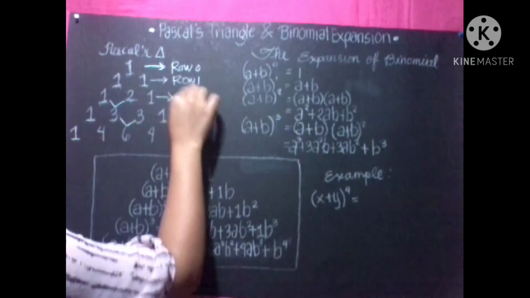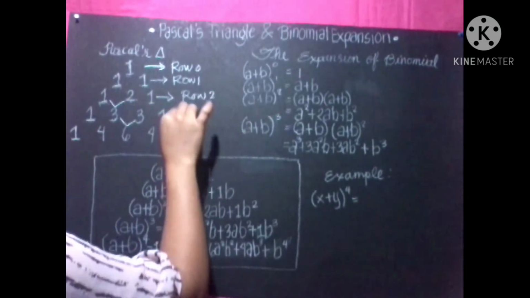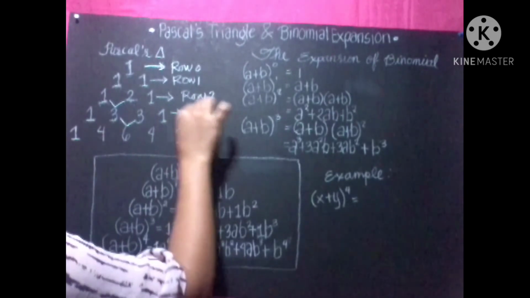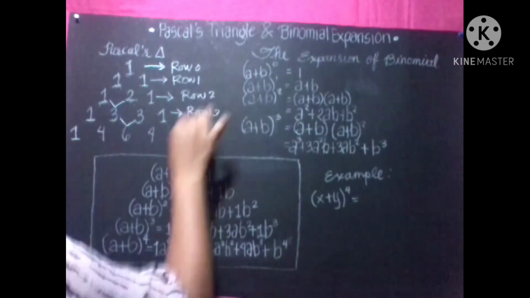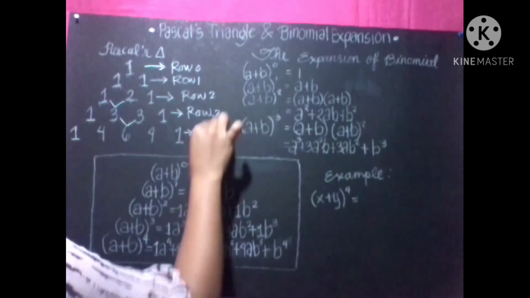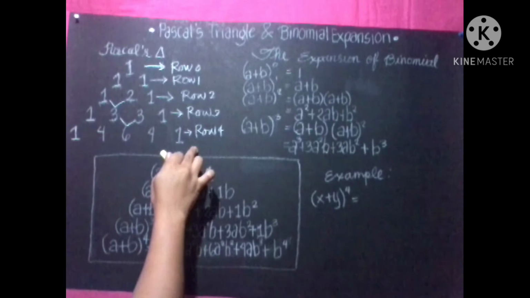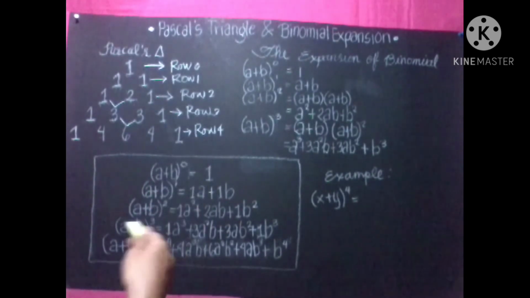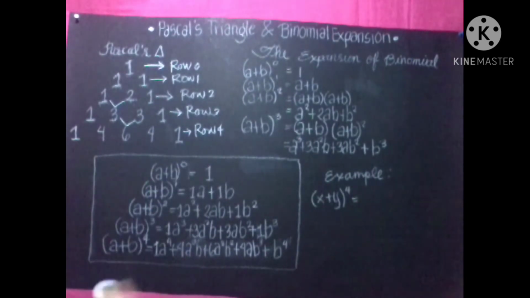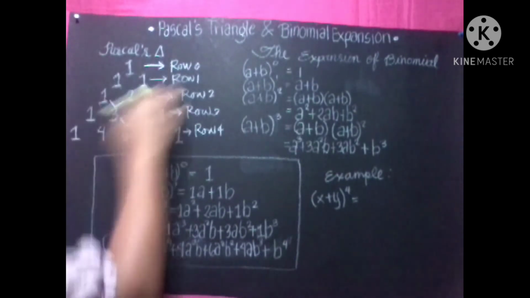This is row 2. Row 3 and row 4. We have to label it because we will see how important it is to know about the rows.